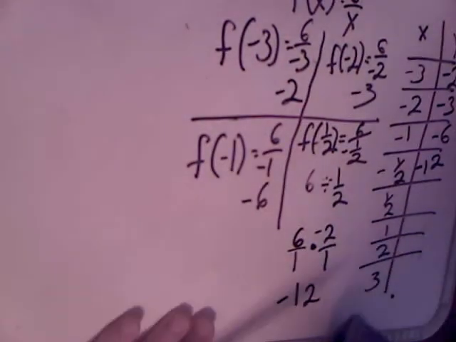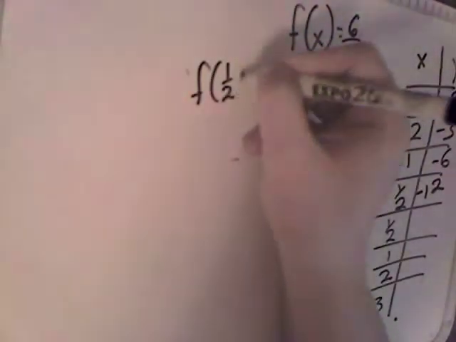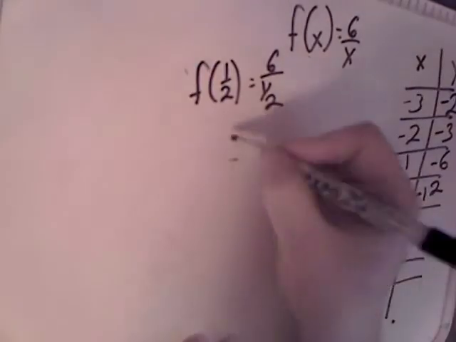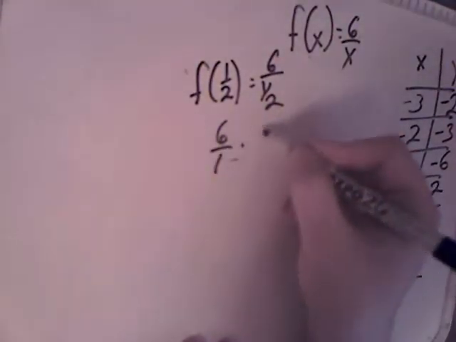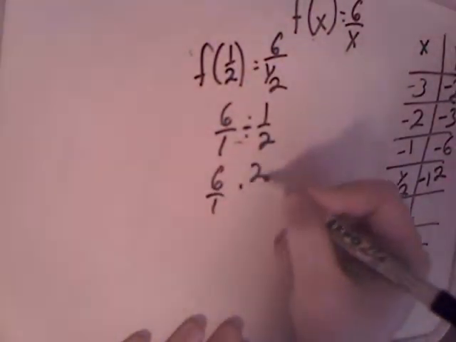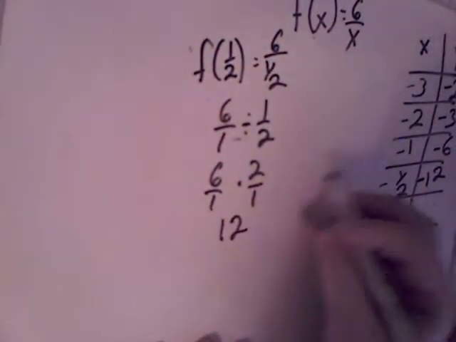Now we're going to do the opposite of all of these. We're going to erase and redo it just to make sure that we really have shown all of our work, because you won't be erasing on your loose leaf paper, and to make sure that we did it correctly. This is a good way to double check our work. When x is 1/2, we have 6 over 1/2, which would be 6 over 1 divided by 1 over 2. 6 over 1 times 2 over 1, which is going to be 12.